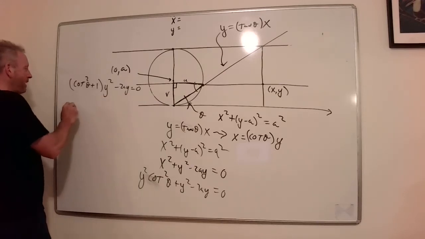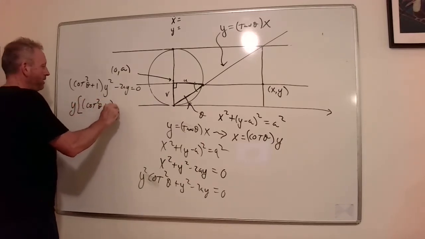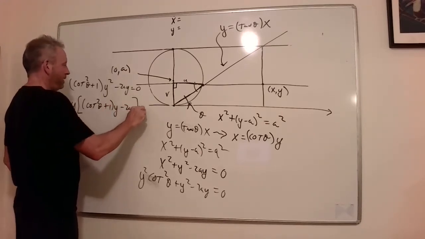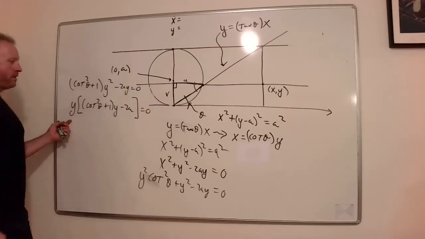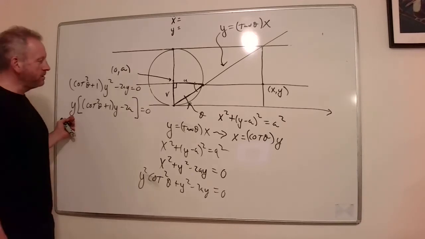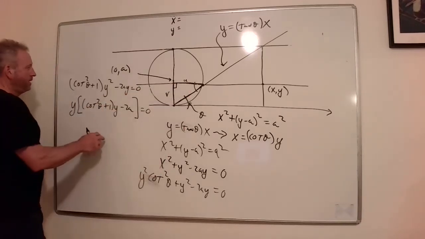Let's factor y out. If we factor y out, what are we left with? We're left with cotangent squared theta plus 1, times y minus 2a, and that equals 0. So either y equals 0. Now, if you look at the picture, I think we can throw that solution out. The way I've drawn the picture, we absolutely can throw the solution out.